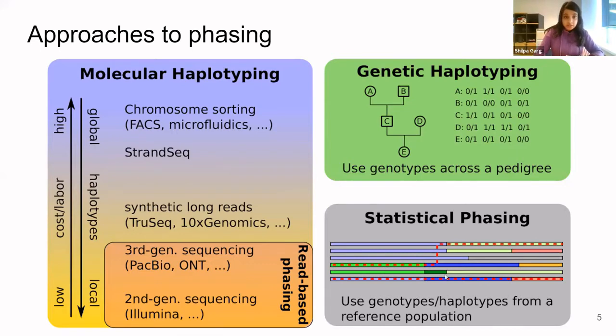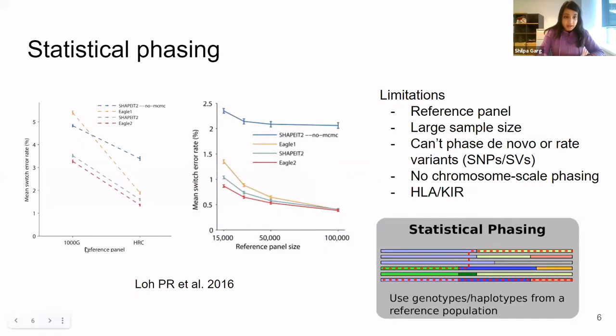Imagine on the x-axis, you are given a reference panel of the first 1,000 genomes and HRC, where the number of samples is about 1,000, and the y-axis is the phasing quality. In this plot, you see that when you use a panel with about 1,000 samples, the phasing error rates are about 1.5%.